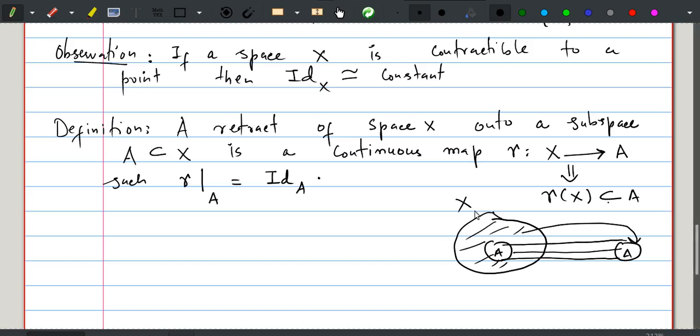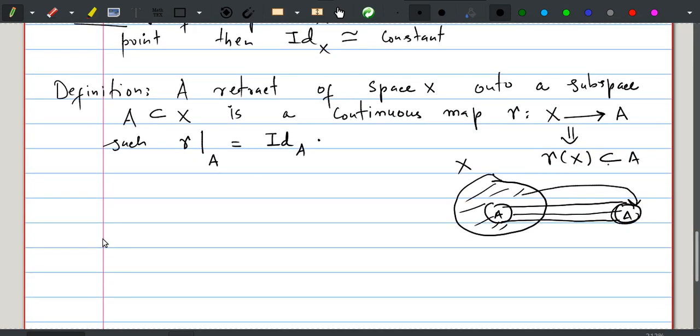So this entire space is mapped to this subspace. This is called a retract. Now there is another definition called deformation retract.